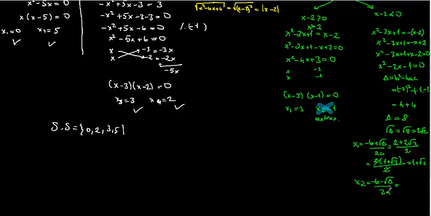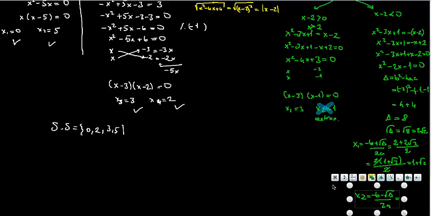This is x1. What about x2? x2 is equal to minus b minus root delta over 2a, which is the same operations but with the negative sign only, so it is equal to 1 minus root 2.